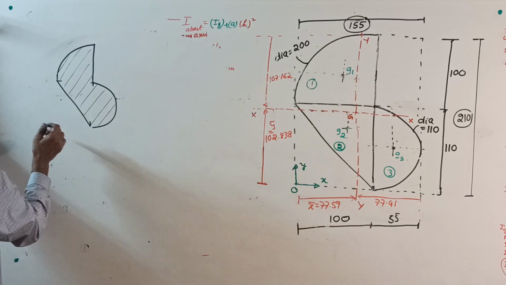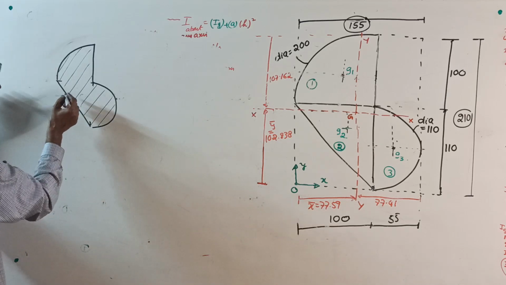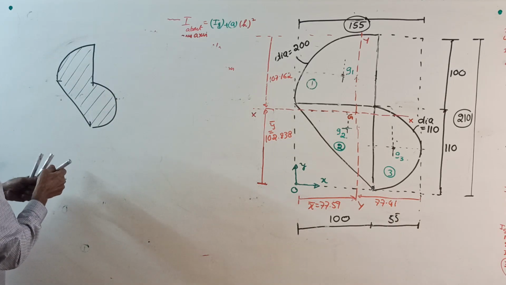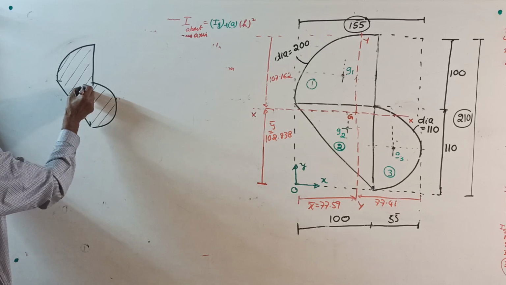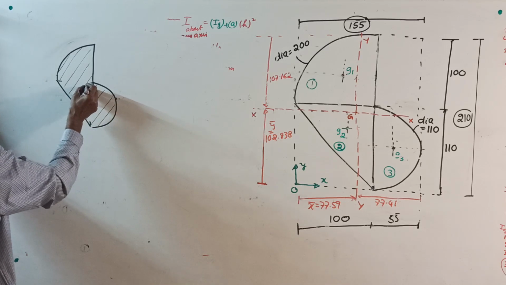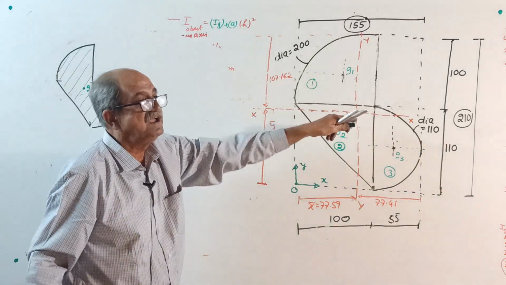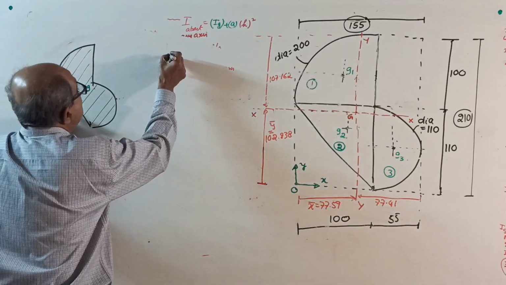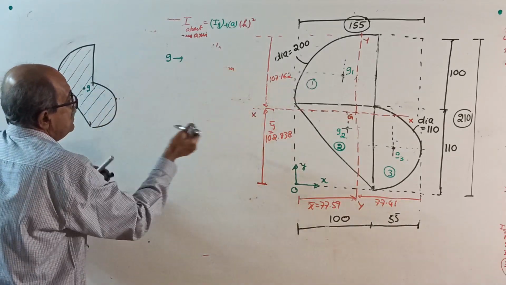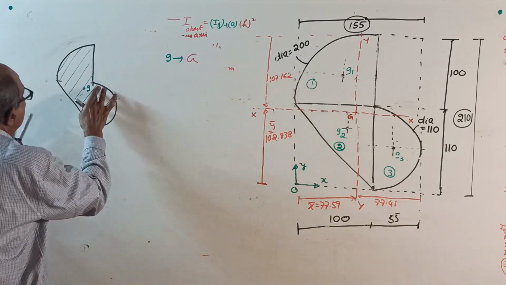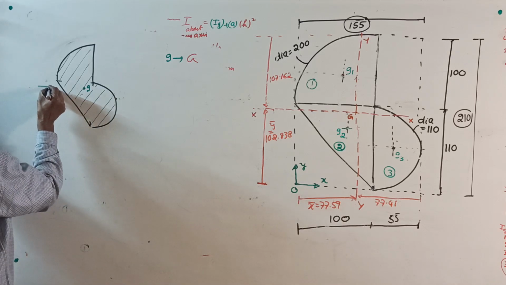Then, for this entire area, its centroid is somewhere here. Just now you got centroid G. This G I am writing here is actually that capital G. And then there is one centroidal horizontal axis here.